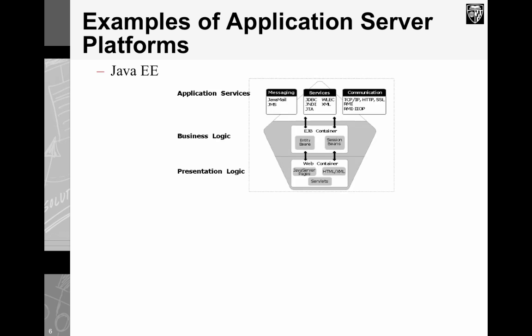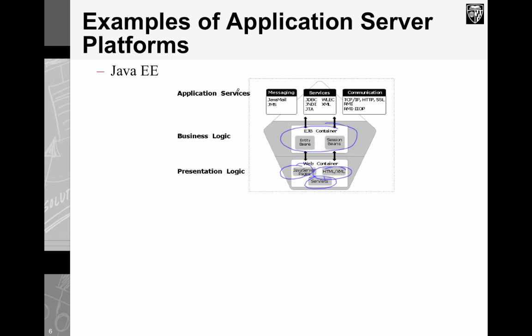What are some of the examples of an application server platform? Java EE is a classic example of an application server platform. The application server provides mechanism for you to build your presentation logic, such as servlets, JSP. It allows you to build your business logic using entity beans and session beans.